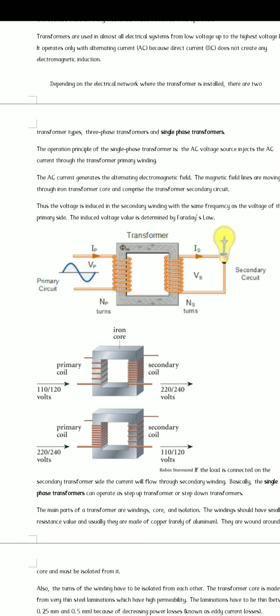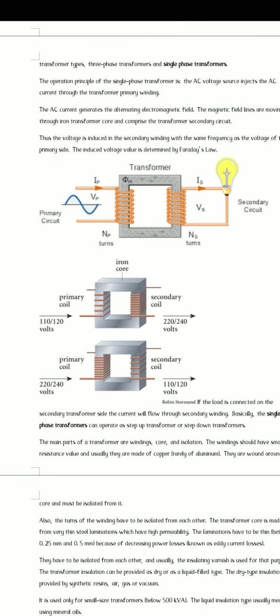Step up and step down differ from the ideal transformer in the number of windings. If the number of primary windings is lesser than the secondary windings, that transformer is called a step up transformer.